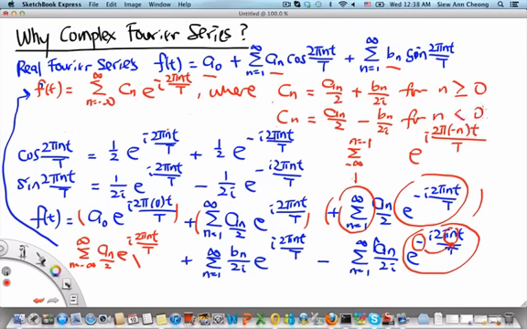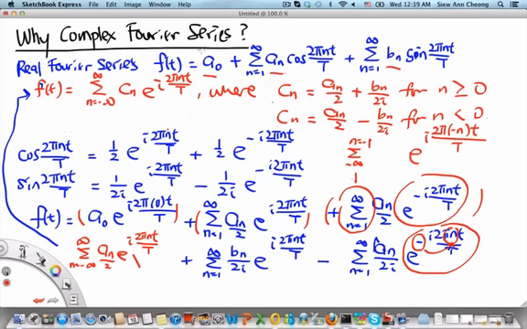Okay, so this is how we can write a real Fourier series in terms of a complex Fourier series, and the relationship between the real coefficients and the complex coefficients is given by these two expressions. And now let us go on.